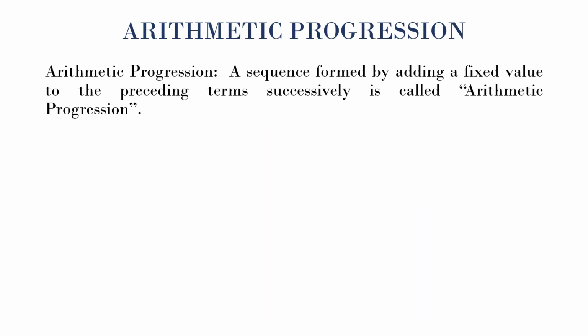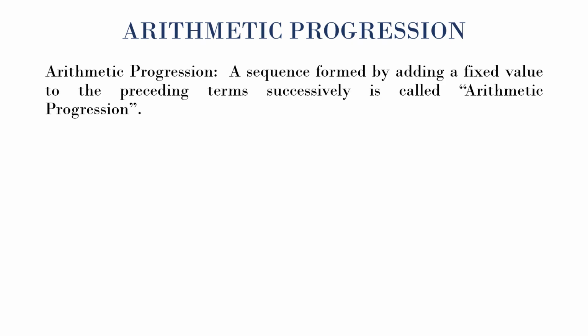Now coming to the definition of arithmetic progression. In general, we come across sequences formed according to some procedure like adding some fixed value or multiplying with some fixed value or adding by some successive values which increase or decrease in a particular sequence.